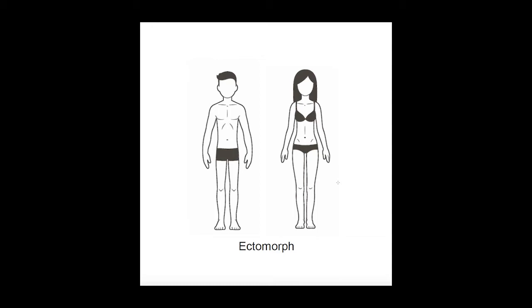So how would you train if you're an ectomorph? Well, you really should lift fairly heavy, fairly often, and have some control over your aerobic activities. You don't want to do too much of that because obviously it's going to burn all your muscle up if your body goes catabolic.